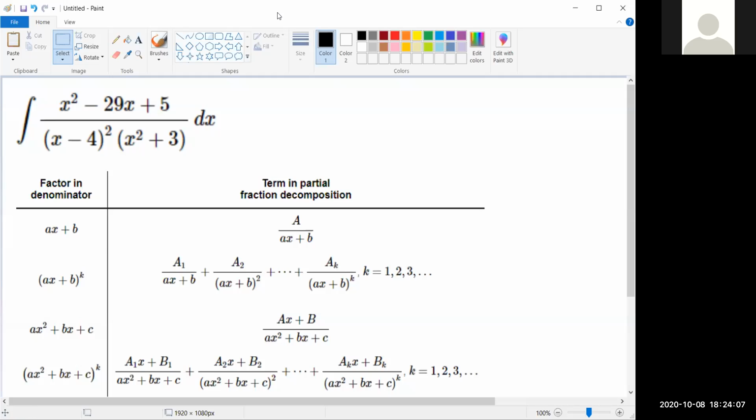Okay, so here it is. The question is on top, and then the table for how to split apart the fractions is on the bottom. See if you can apply this table to separate the integrand. Okay, so I'll just give you maybe 1 minute to set it up, and then we'll set it up together.